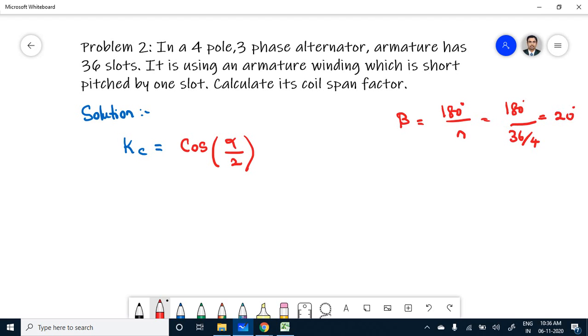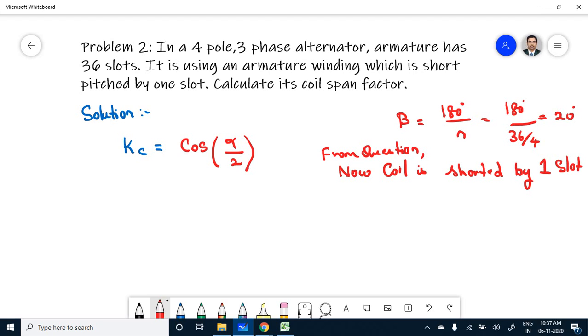Okay. Now in your question, the coil is short pitched. The meaning of short pitch is that it is shorted by one slot, because from the question itself they are providing that the coil is shorted by one slot.